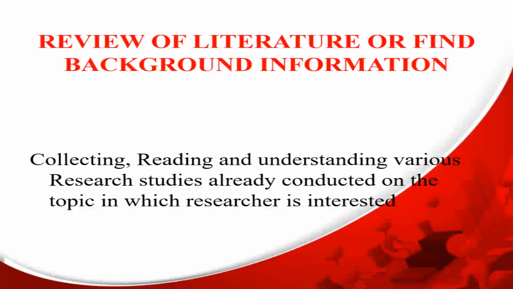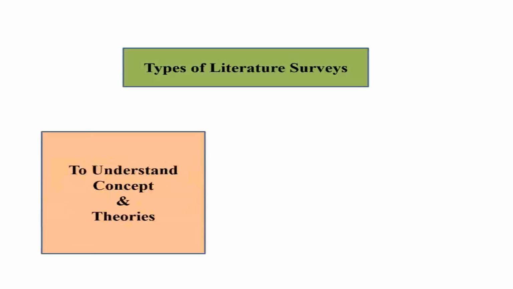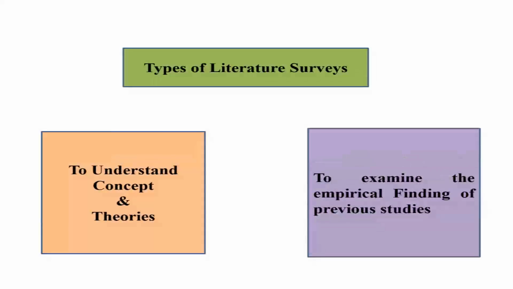It helps a researcher to understand and refine the research problem in a better manner. Generally, a researcher conducts two types of literature surveys: one to understand the concepts and theories, and the other to examine the empirical findings of previous studies.